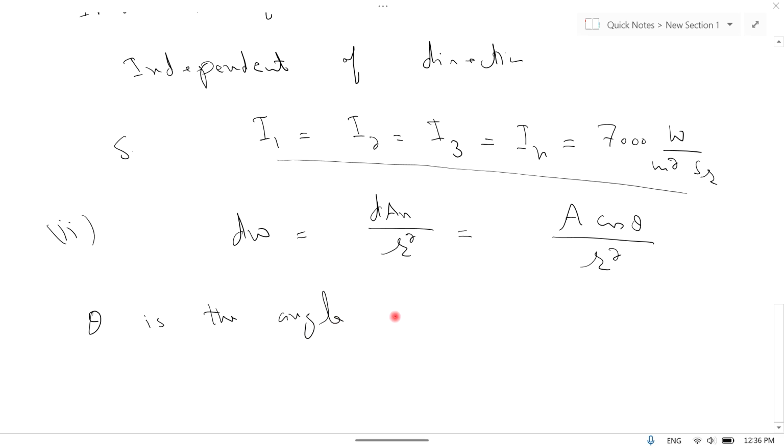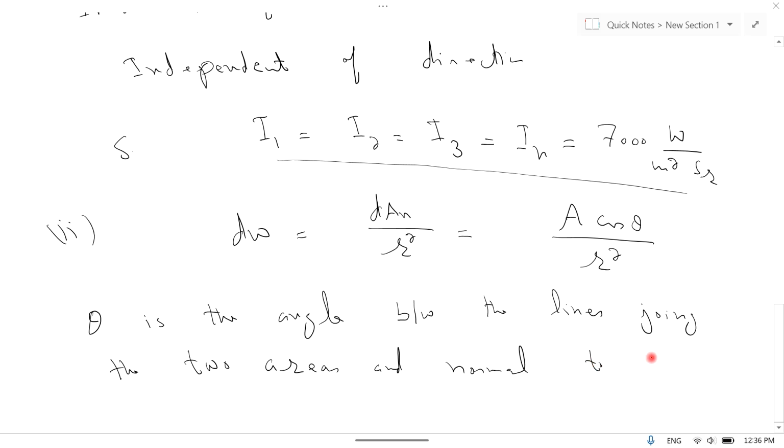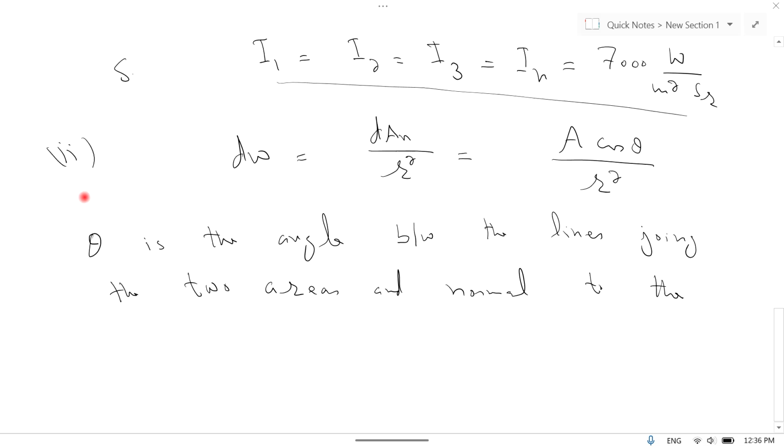and the normal to the receiving surface.